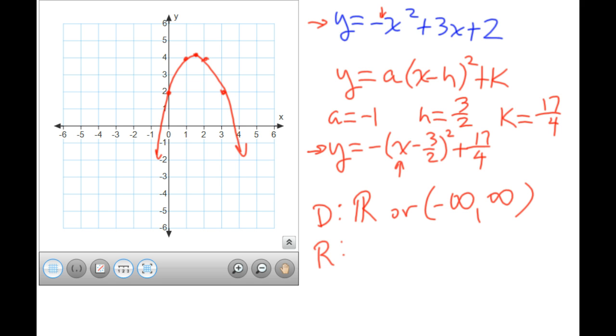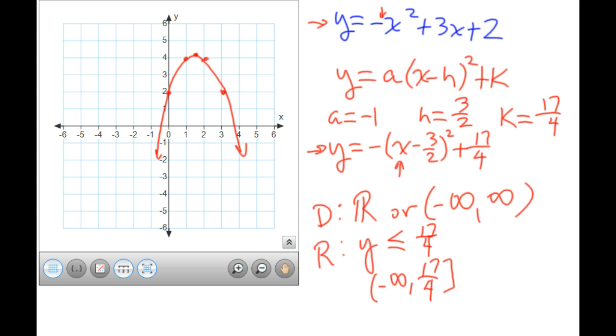Since this is facing downward, I know that the range of this will be y has to be less than or equal to my maximum value, which in this case is basically 4.5 or 4 1/4, which is 17/4. In interval notation, that would be from negative infinity to 17/4, including 17/4.